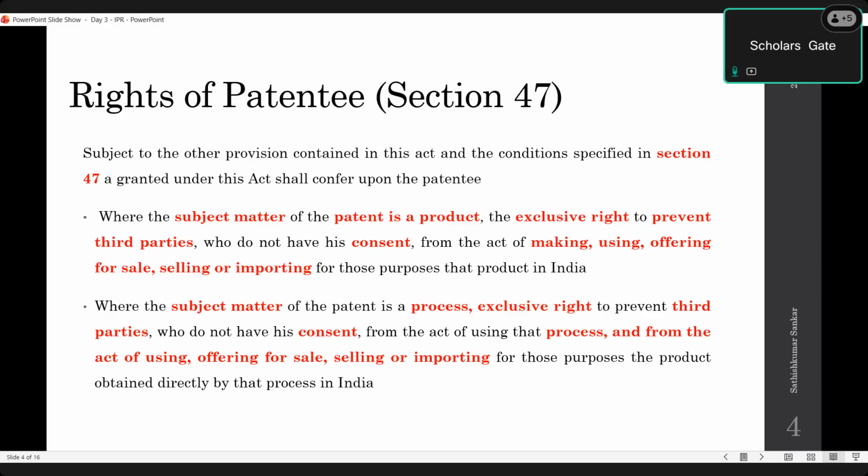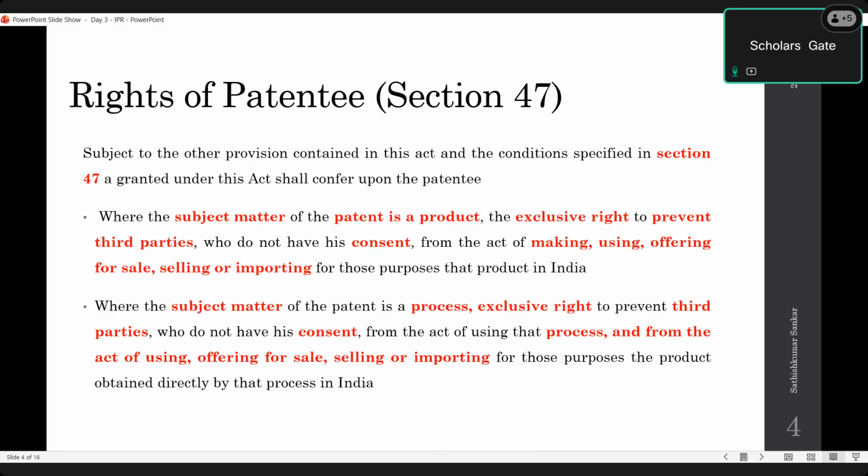The patentee can sell that particular invention to any corporate industry or government industry. They can import that particular product from India to other countries. The patentee has the full rights under Section 47. They are clearly mentioned as the patent rights of the patentee.